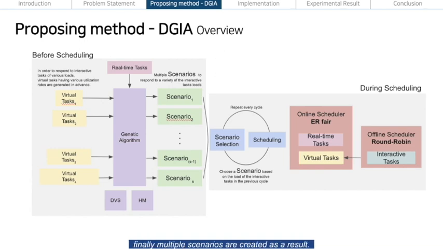And finally, multiple scenarios are created as a result. During scheduling at each period, one scenario that best suits the load of the interactive tasks is selected and scheduling is performed in this manner. That is, real-time tasks and virtual tasks are scheduled with ERFair, an online scheduler, and interactive tasks are scheduled using round robin, an offline scheduler.